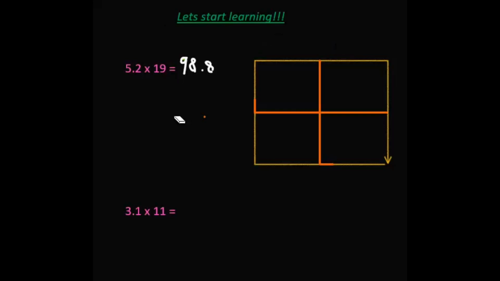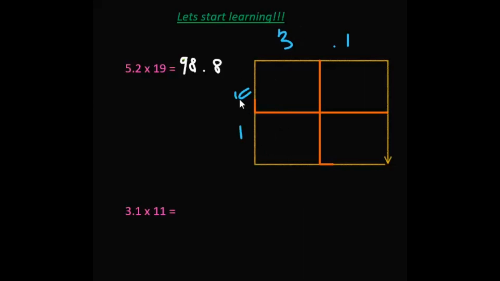So 3.1, so 3 and 0.1 right here, and 11, so 10 and 1. Okay, perfect. So now let's do the multiplication.